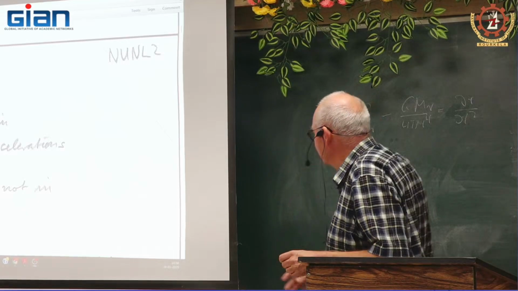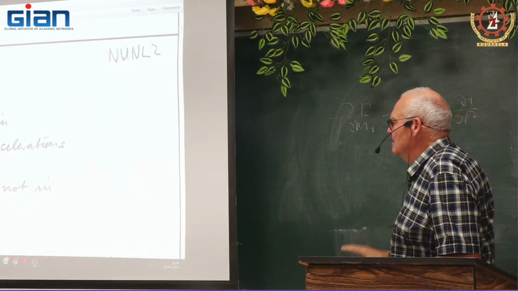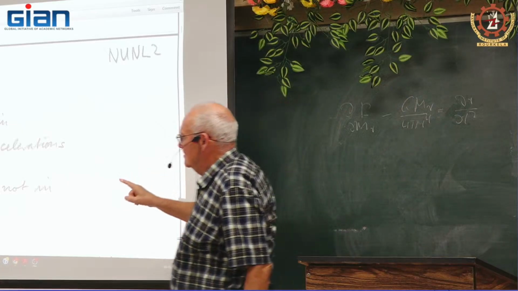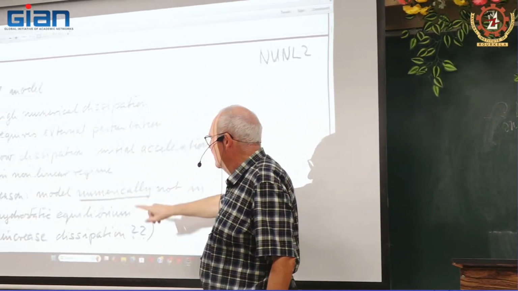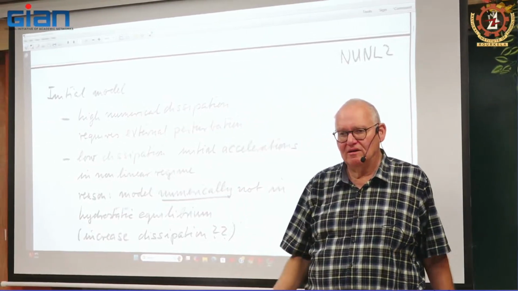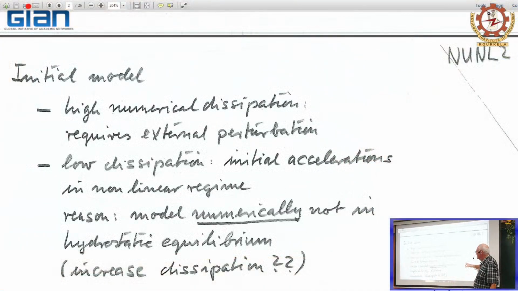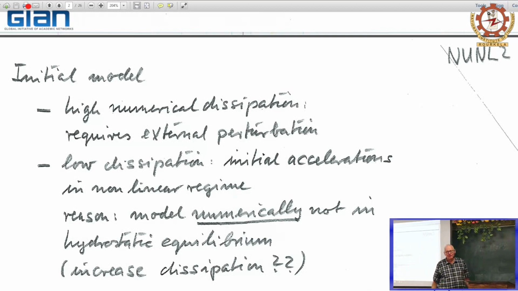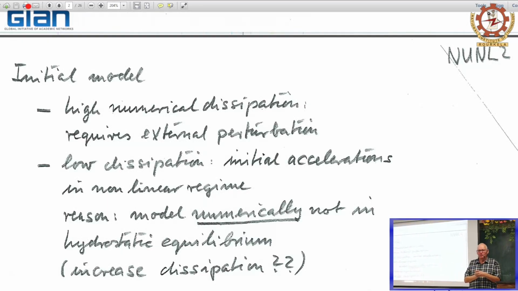So how do we get rid of these accelerations? Well, we have to make sure that the model is numerically in equilibrium. That means we have to relax it, or recalculate the hydrostatic equilibrium, using the numerical scheme which is used later on for the numerical simulations.